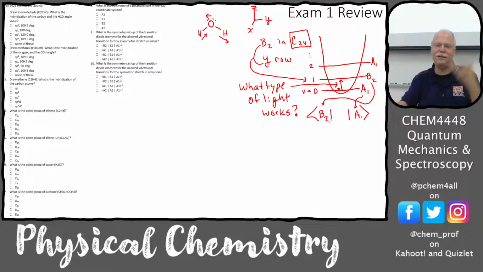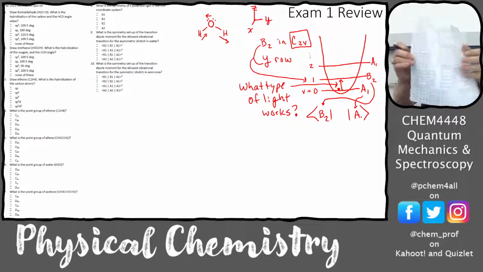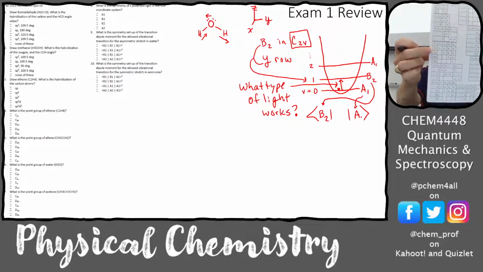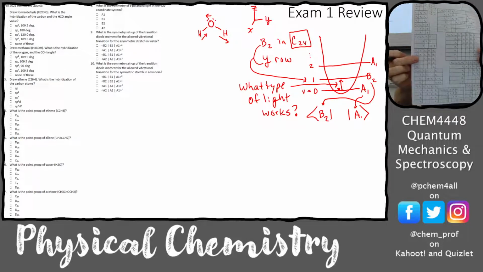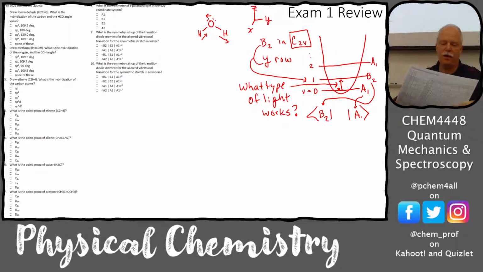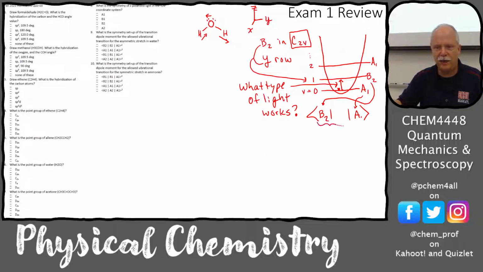And we know we have to somehow cancel that B2. Because if we look at the direct product tables, which are on the back side, the C2V direct product table down here, we know that any particular odd row times itself is going to be A1. And so we're looking at this and we're saying, I've got to have something that when I multiply it by B2 is going to give me A1.